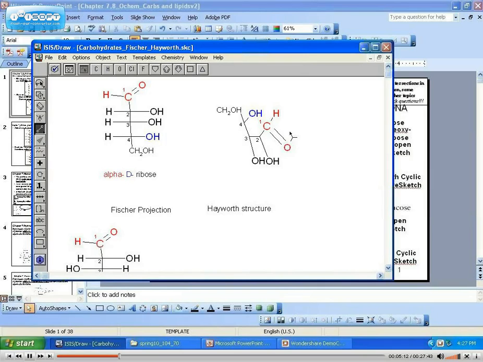At the same time that it combines with this carbon right here, this oxygen is going to combine with this hydrogen. So let me go ahead and draw a bond.